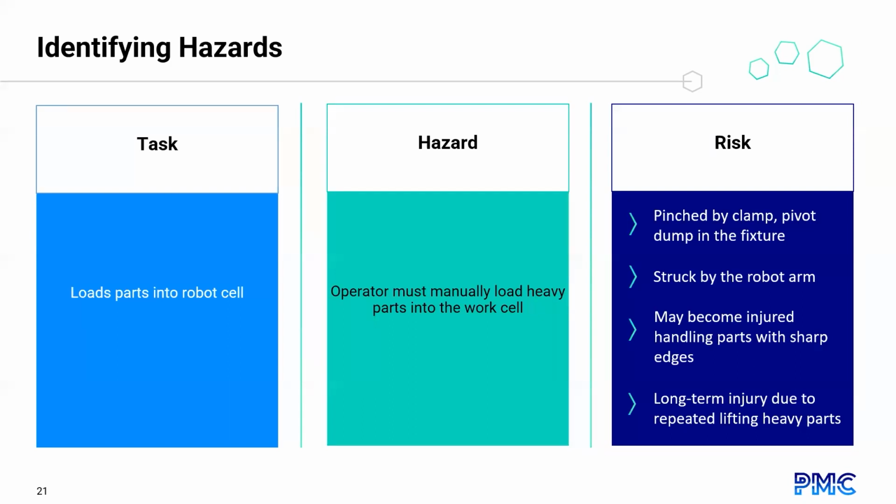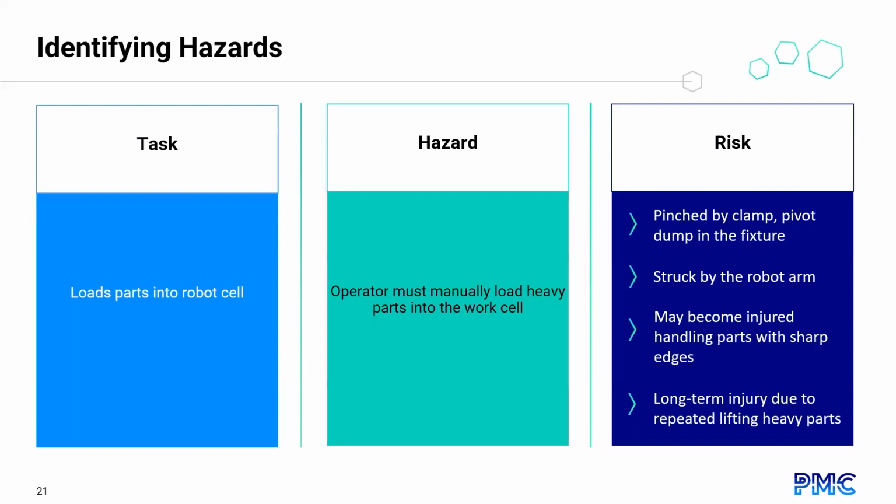Imagine if in the same fixture where he's loading parts, a robot also performs some spot welding on the product. In this case, a hazard would also be the weld splatter, for example. If the operator loads parts onto a conveyor, he could also get caught by the movement of the conveyor.